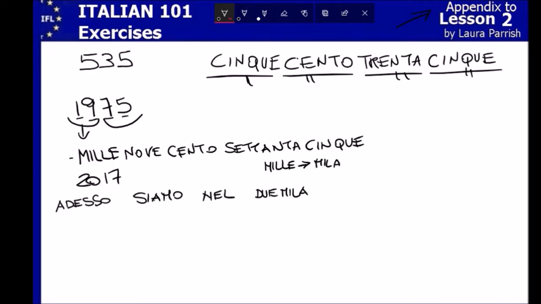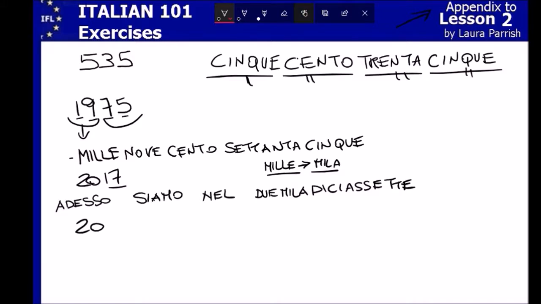So the plural of mille, 1000, is mila, it is irregular. So 2000, duemila, and then you say just the number 17, 2017.